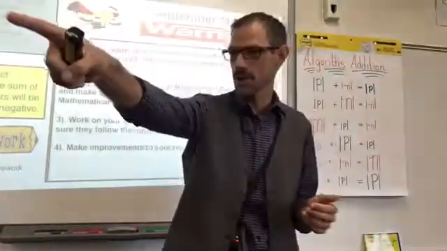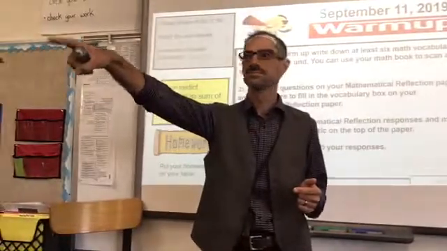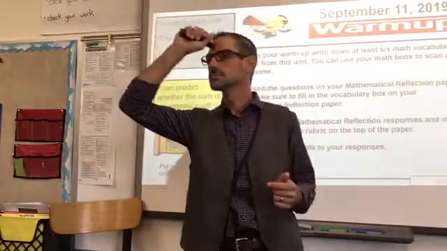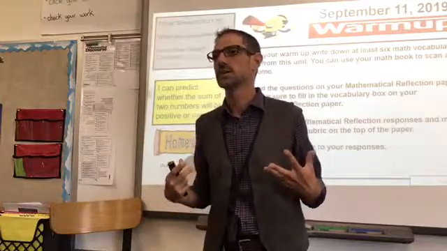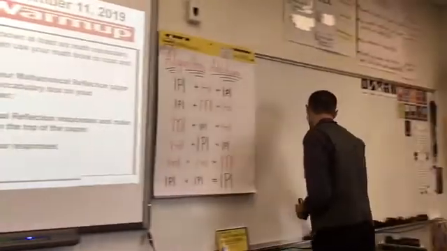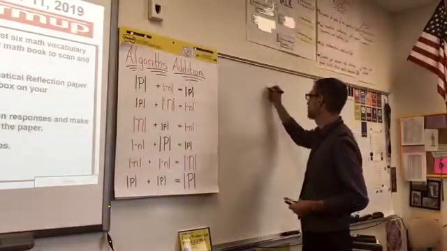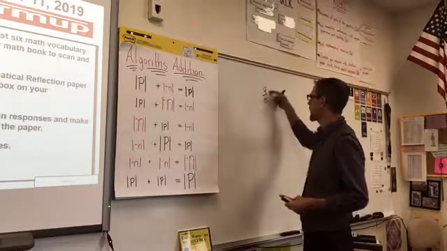Rational numbers. What's a rational number? Yeah, it's a number with a ratio, right? It's a number expressed in some sort of ratio, usually like A over B, right?